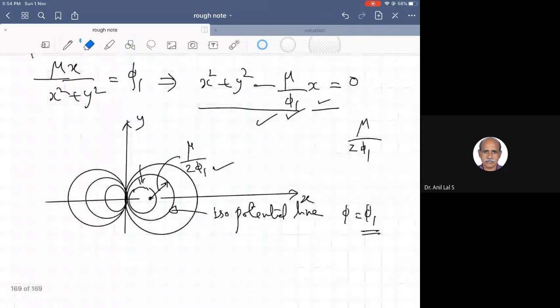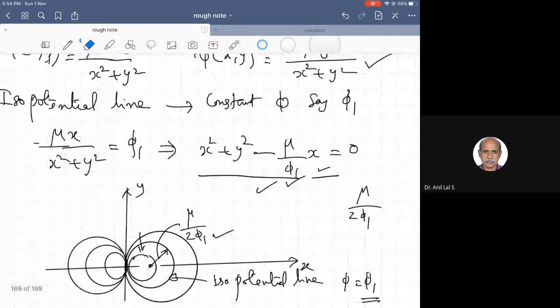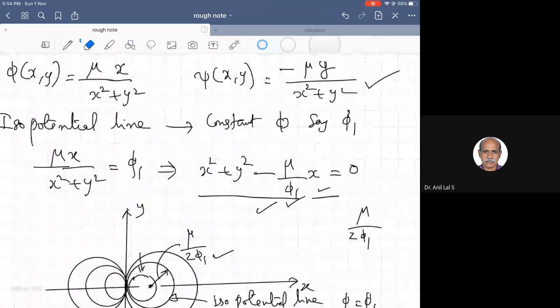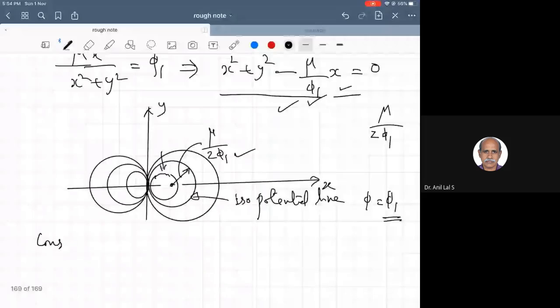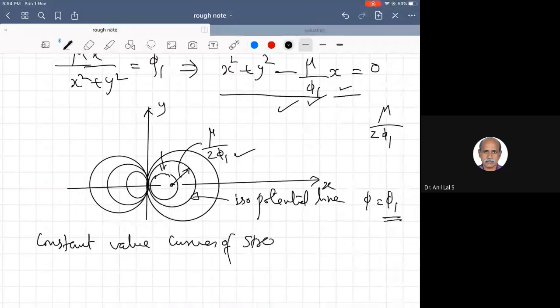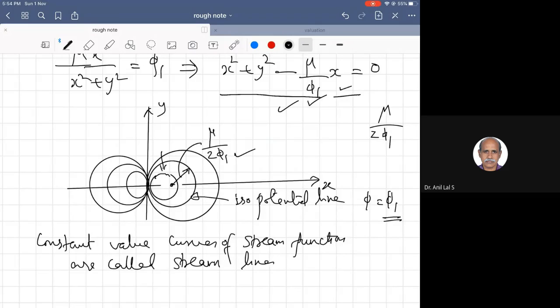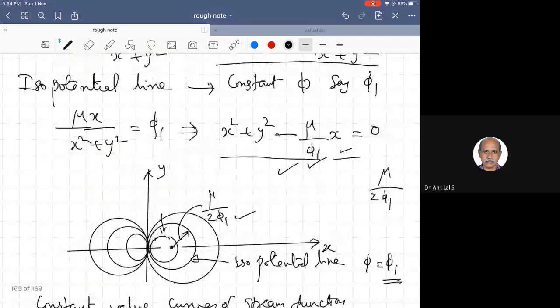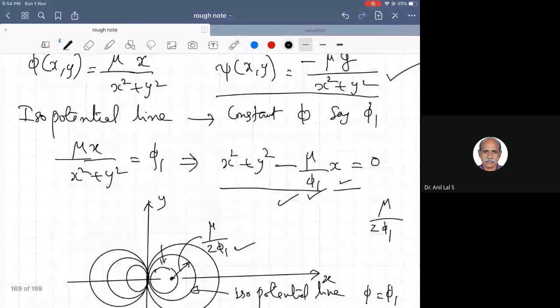Similarly, if you look at the stream function, constant value curves of stream function are called streamlines. So we can draw a streamline for a particular value of stream function.